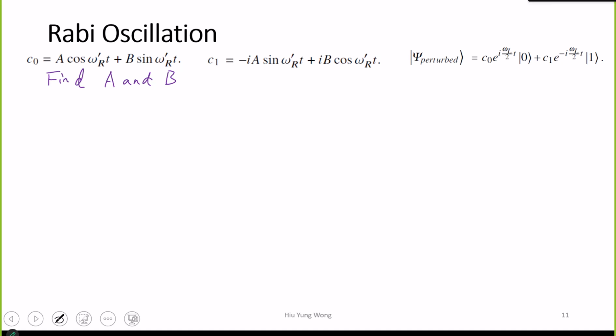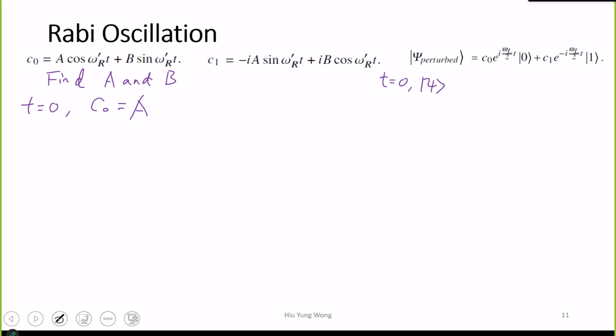So how do I find A? What I can do is look at t equals 0. At t equals 0, what is C0? A, thank you. Because sine omega t equals 0, cosine omega t equals 1. So at time equals 0, this is A, right? But what is the qubit state at time equal to 0? Let's recall.